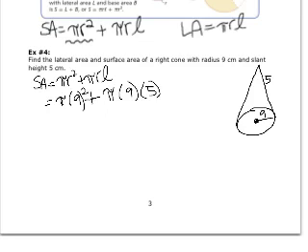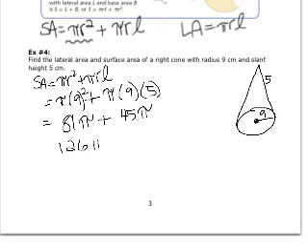I'm going to keep this in terms of pi. So I have 81 pi, and then 9 times 5 is 45, plus 45 pi. And so that gives me 126. So my surface area is 126 pi centimeters squared.